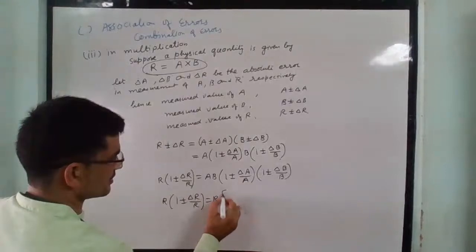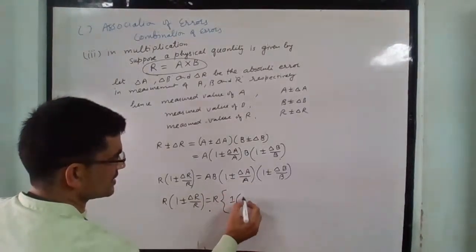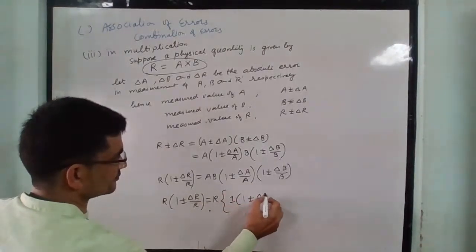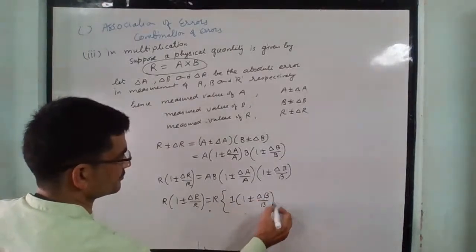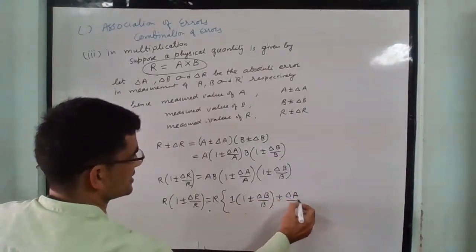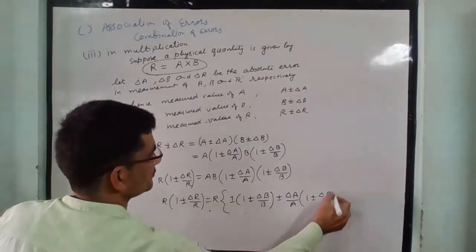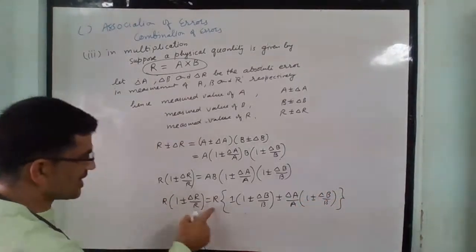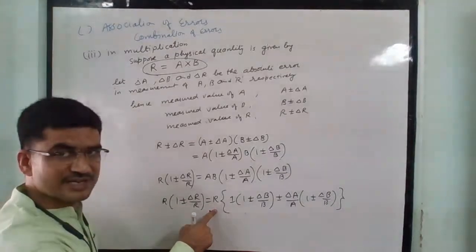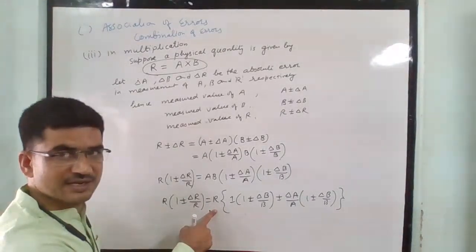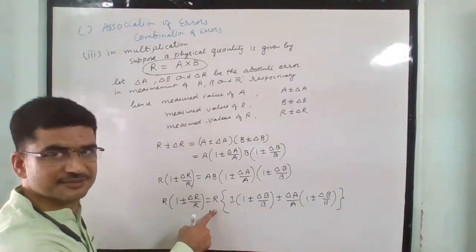Okay, see, 1 time delta A time. Now R is a multiplication product, so we can cancel this.